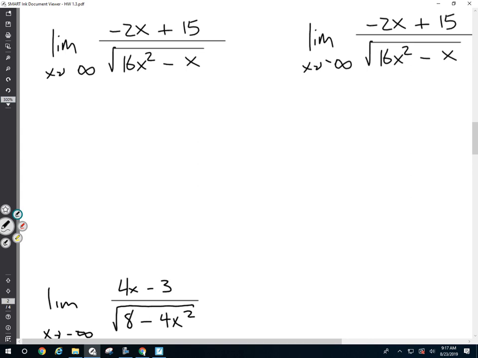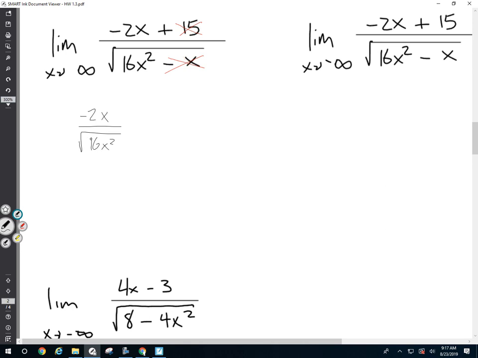Square roots, be careful. It really helps to do the algebraic simplification for these square roots, because depending on which direction, you're going to have two different answers. Let me show you. I can cross off the x because I got x squared. I can cross off the 15. Now, this simplifies to be negative 2x over root 16x squared.